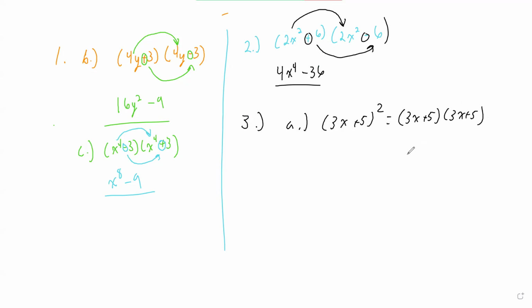So if I do the box method on this one, since they're not different signs, they're actually the same sign. 3x times 3x is 9x squared. 3x times 5 is 15x. 3x times 5 is 15x.